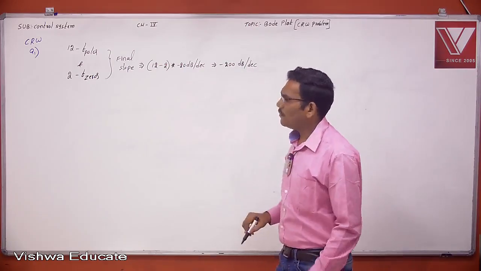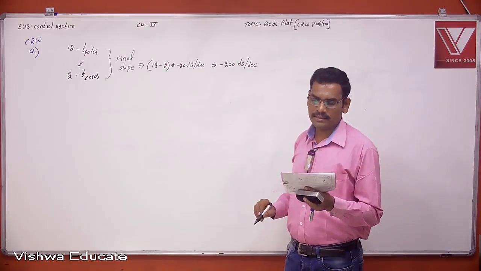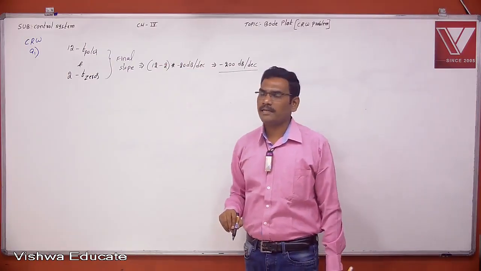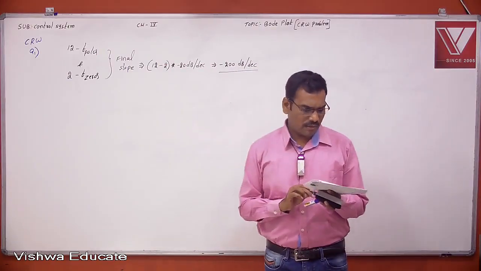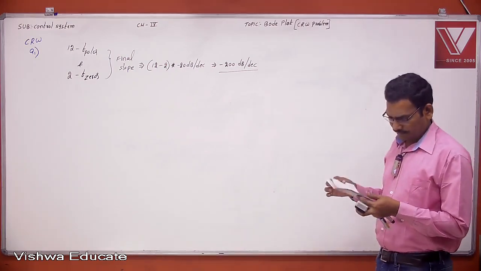This is the final slope. Minus 200, minus 40, minus 240, minus 360 are given, and the answer is minus 200. Now this is question number 1 in our classroom workbook. Take down this.